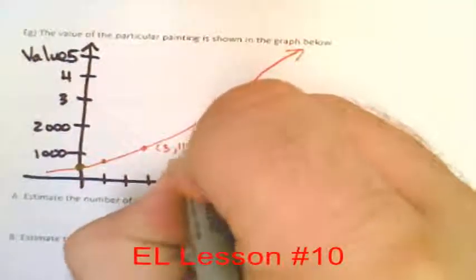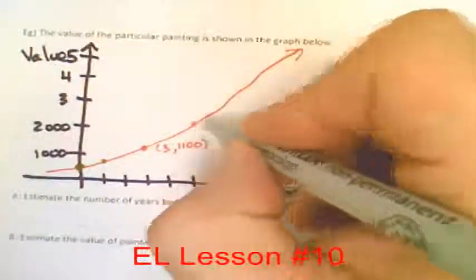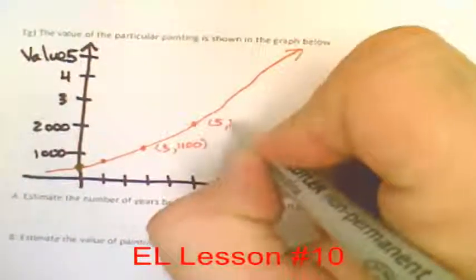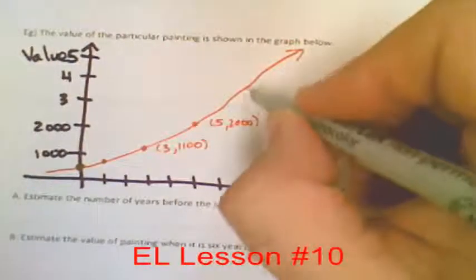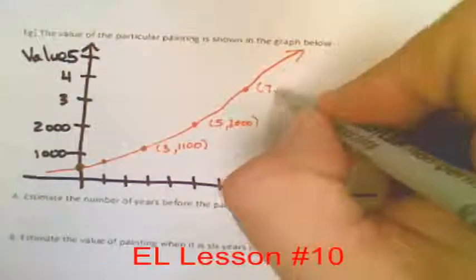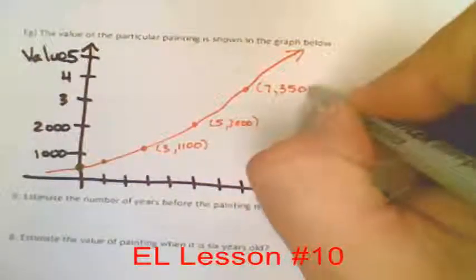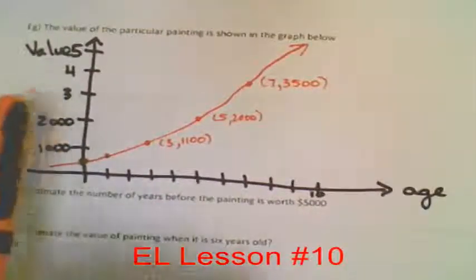Here is about 3,000, and I'm just making up some data, and this one is about 5,000, and this one is going to be about 7,000. I'm just making these up. In a more particular sense, you'd have some rationale and more accurate points. I'm just doing this randomly.